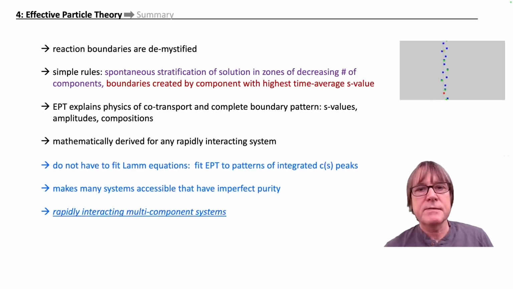Importantly, to apply this, we do not have to fit Lamm equation solutions, but instead we can focus on integrated c(S) peaks of interest. And as a method that relies on having mixtures of purified overexpressed protein samples, this is critical because it allows us to deal with systems with imperfect purity, and that will set us up for studying multi-component mixtures.